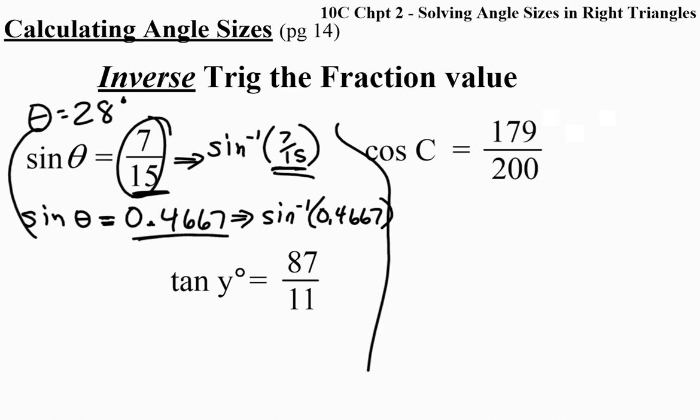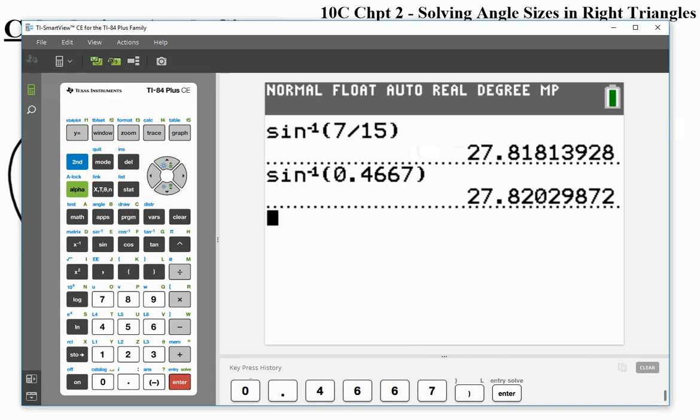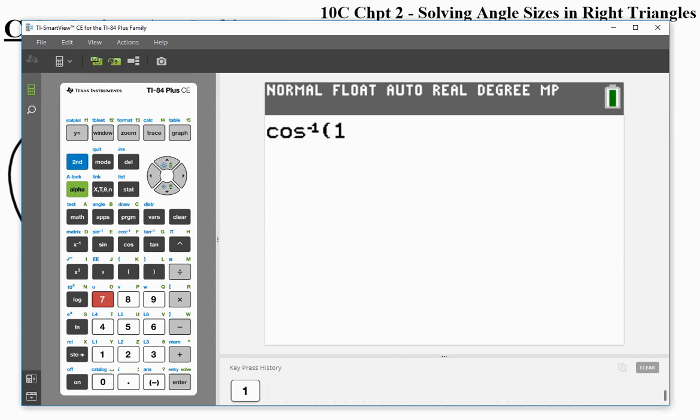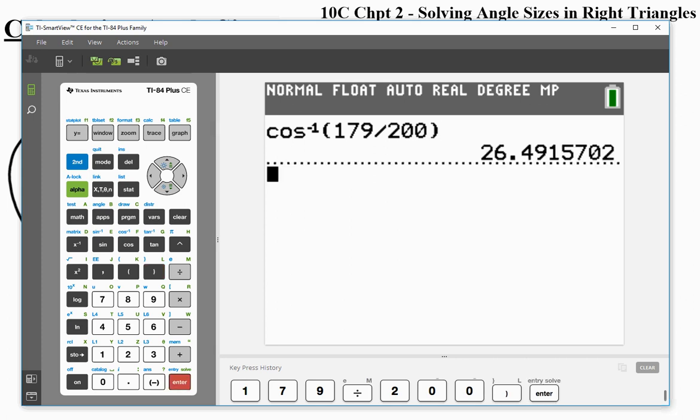So cosine of C, 179/200, could also be cosine C, and instead of 179/200, I could put decimal 895. Now, decimal 895 isn't 4 decimal places, but that's because it actually terminates at 3. So if I do the angle calculation, inverse cosine, second cos, of 179 over 200, 26.49, a 26-degree angle.